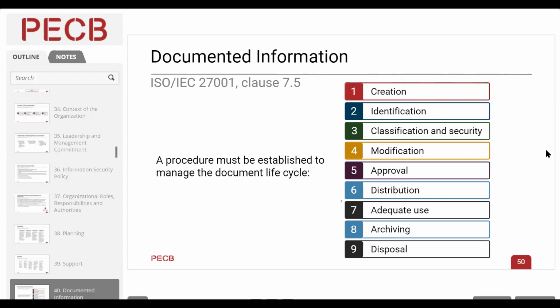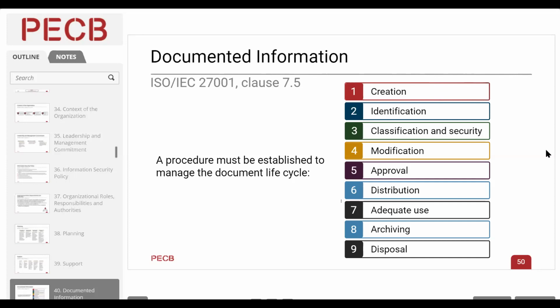We also need to outline the adequate use of the document. And then when the document is no longer in use, it has to be archived. We have laws on how long documents that are no longer in use should be archived. In Ghana, it's 6 years.